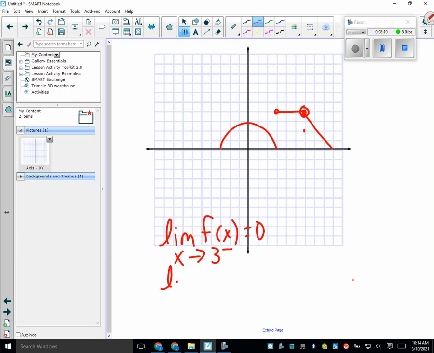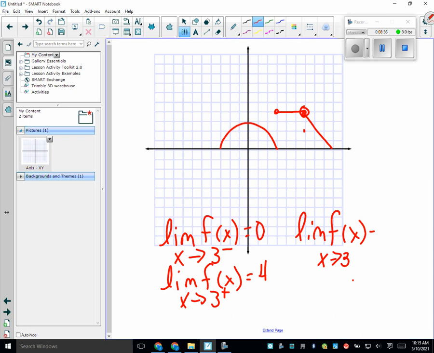What about the limit as x approaches 3 from the right? 4. So what is the limit as x approaches 3? Undefined. Does not exist.